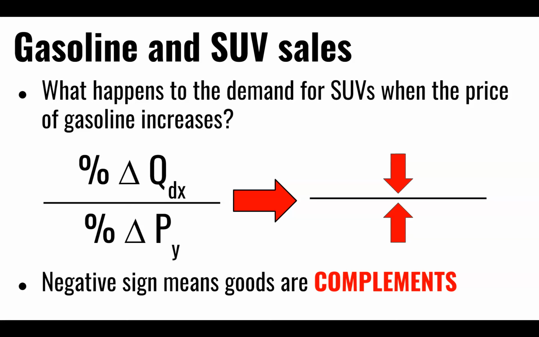That's an indication they are complementary in nature. And we'll see that there is a positive number for price change, but a negative number for the percent change in quantity demanded. So when you have a positive and a negative, the coefficient is negative. So anytime you have a negative cross price elasticity coefficient, now we're talking about complementary goods, one that you consume when you consume the other.